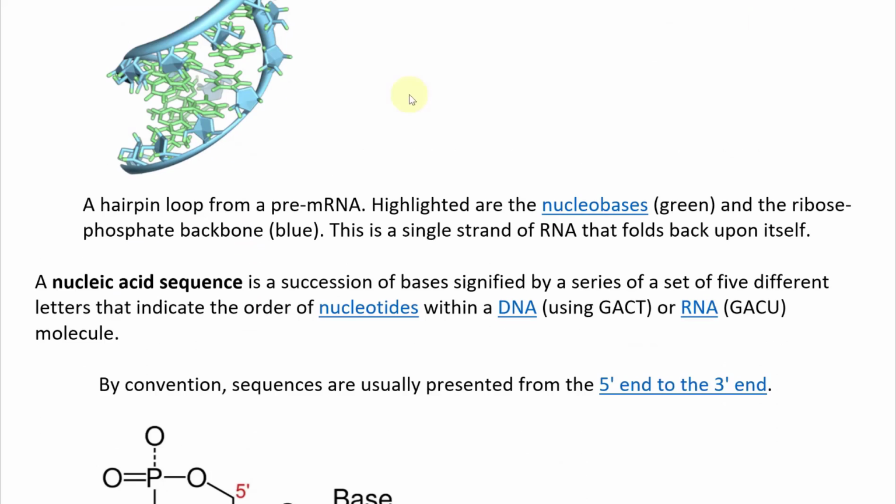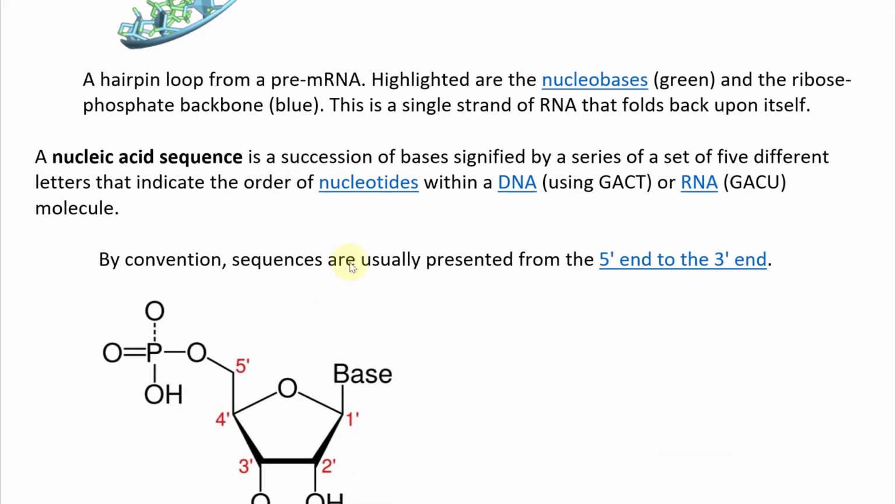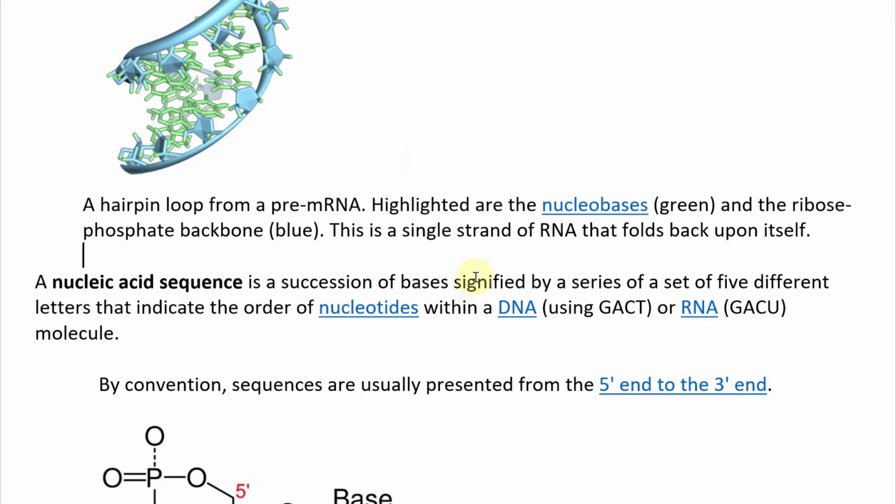Fascinating stuff. Alright, so a nucleic acid sequence is a succession of bases signified by a series of letters that indicate the order of nucleotides within a DNA, which uses GACT, or guanine, adenine, cytosine, and thymine.